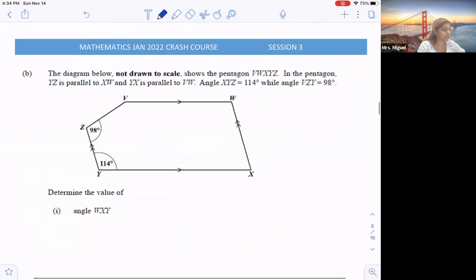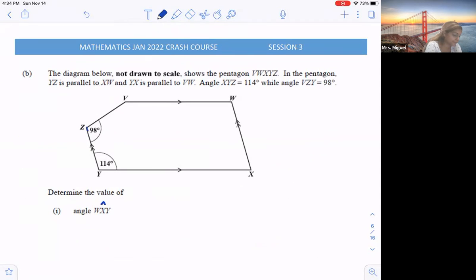All right, let's look at this one. Determine the angle WXY. So the angle we are referring to is the angle in the middle, which is X. We want to know how much is X. So there are some properties of angles that you are supposed to do, right?